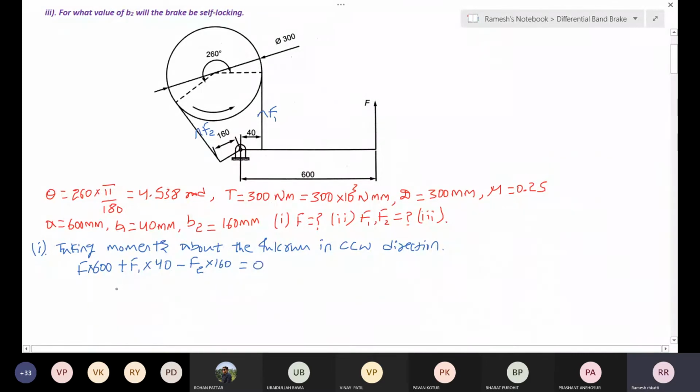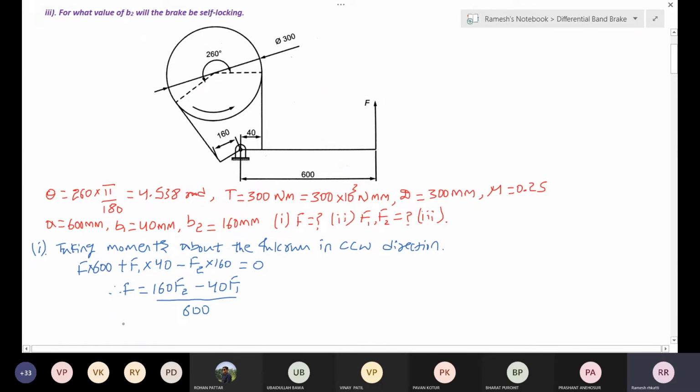From this, F is equal to, taking this term to the right hand side, (160 F2 minus 40 F1) divided by 600. First, he has asked us to calculate the force. To calculate the force, you should know the tension in tight side and tension in slack side, meaning F1, F2, you need to calculate it.